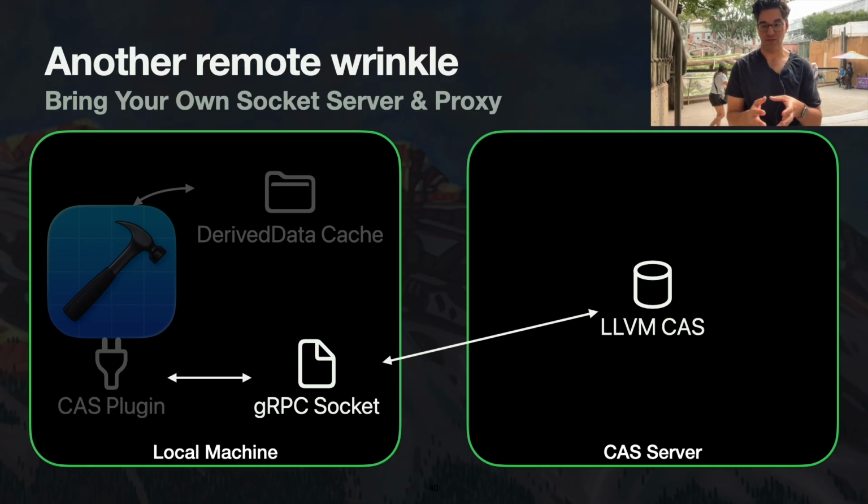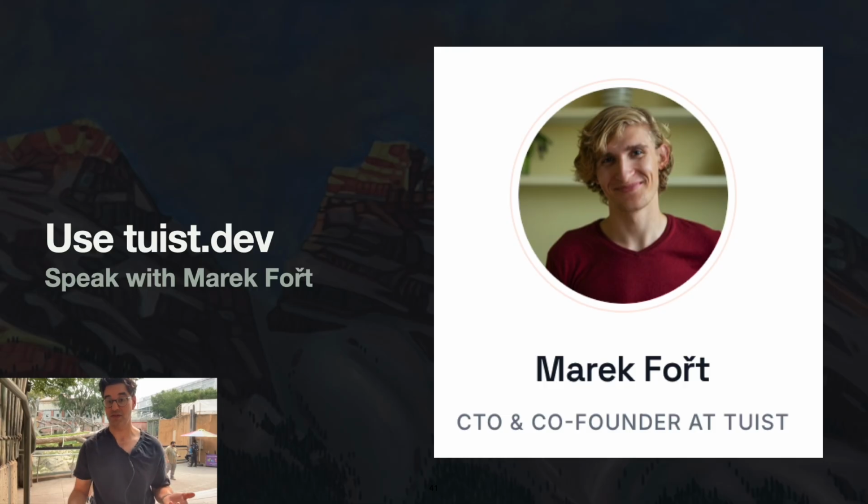You actually have to have a gRPC socket that will proxy the CAS plugin client requests to a remote machine, and you actually have to bring the remote machine and the remote cache as well. So that's a lot of work, and Xcode and Apple have not provided us anything there yet. With that said, someone has. So my recommendation is to use Tuist.